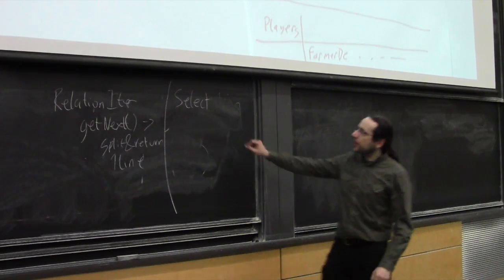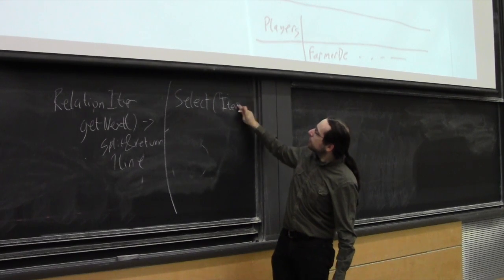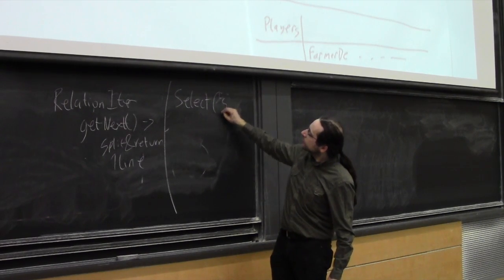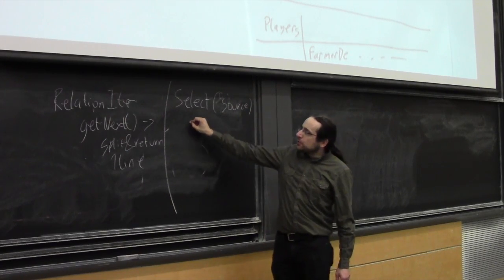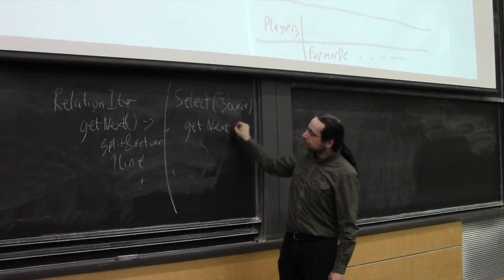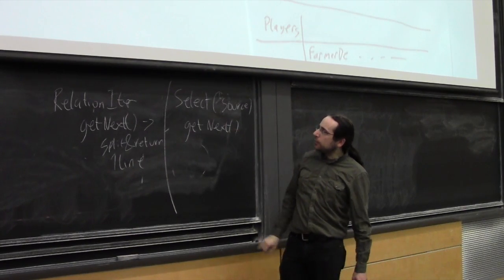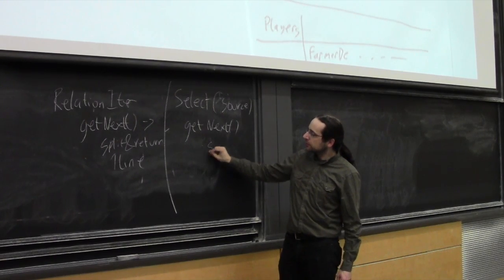Okay, so select is defined in terms of some other iterator. Let's call it source. And in order to do getNext, you need to call source.getNext.